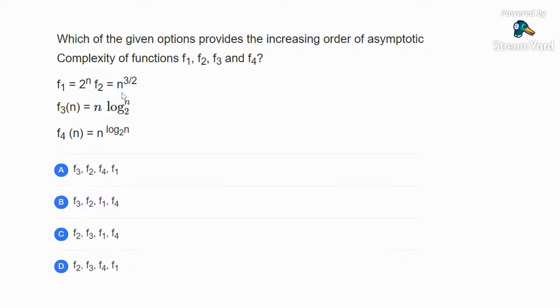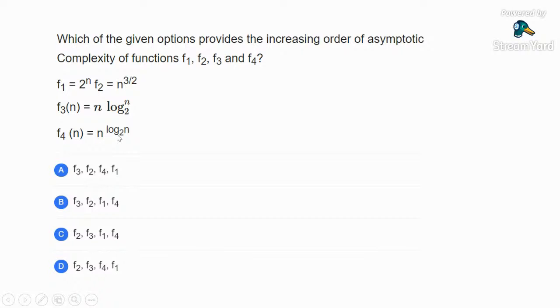So which one is larger while comparing f2 and f3? If I compare f2 and f3, then f2 is larger. If I compare f2 and f4, then f2 is smaller, because this is n to the power 1.5 only, and this is n to the power log n. So as the value of n goes on increasing, you will get a larger power in terms of n.